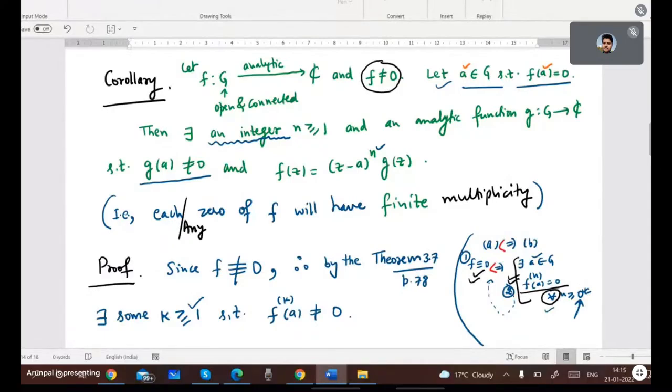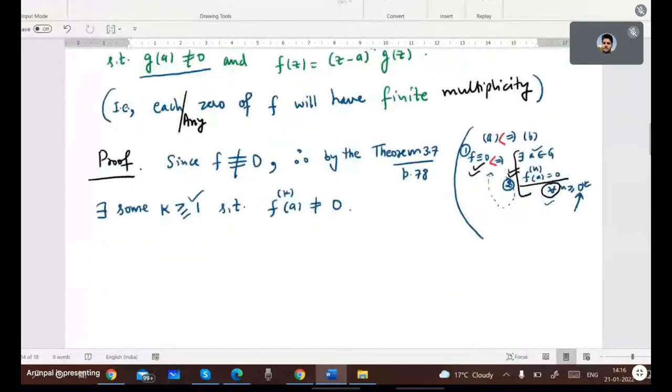But we have to exclude the function because it is already given that the value of the function at a is 0. Is this okay? So certainly this k will be bigger than or equal to 1.